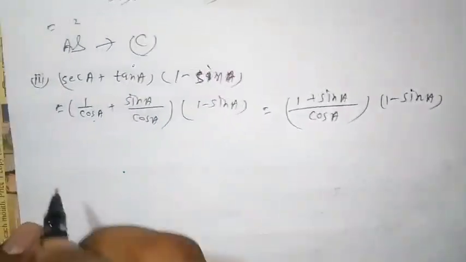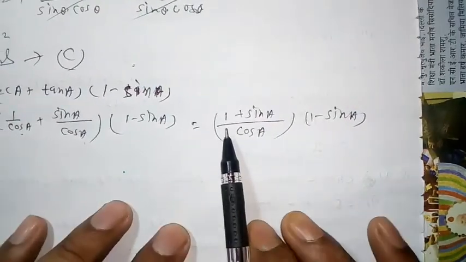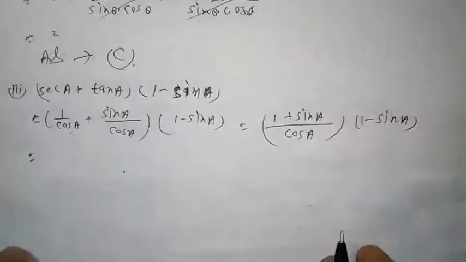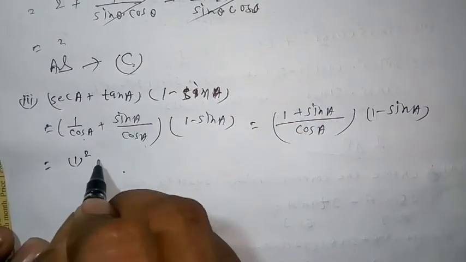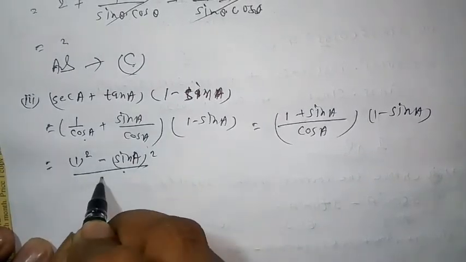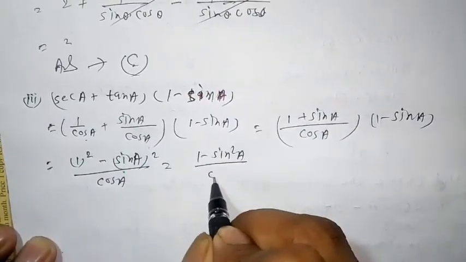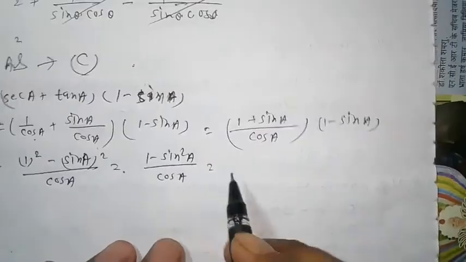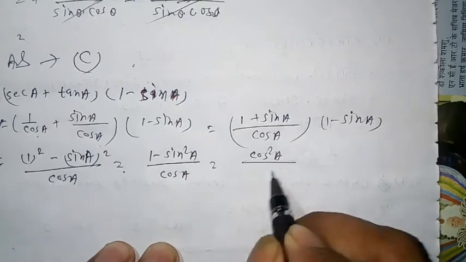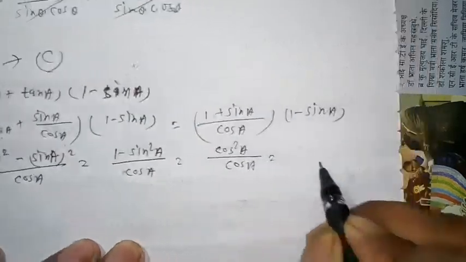Is equal to, according to the algebraic formula, (a plus b) into (a minus b) is equal to a square minus b square. According to the formula, 1 square minus sin a the whole square by cos a is equal to 1 minus sin square a by cos a. 1 minus sin square theta is equal to cos square theta, so 1 minus sin square a is equal to cos square a by cos a.